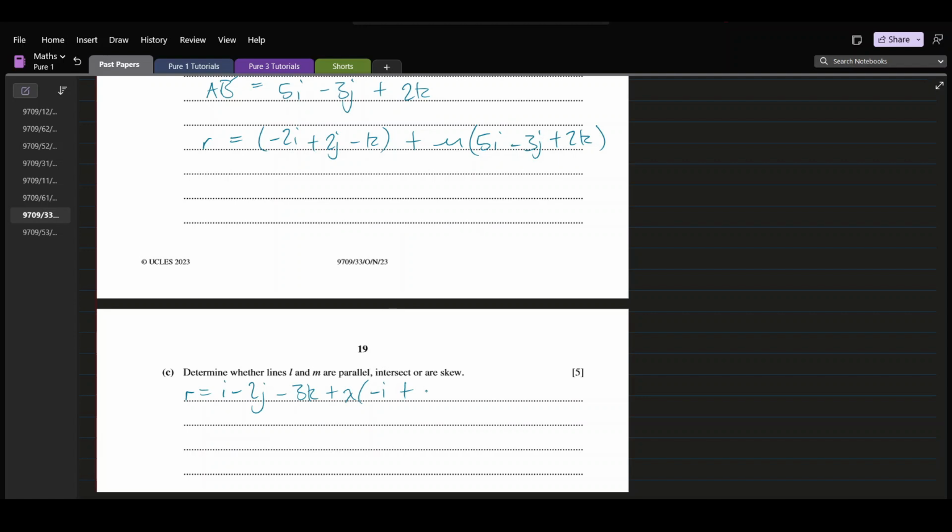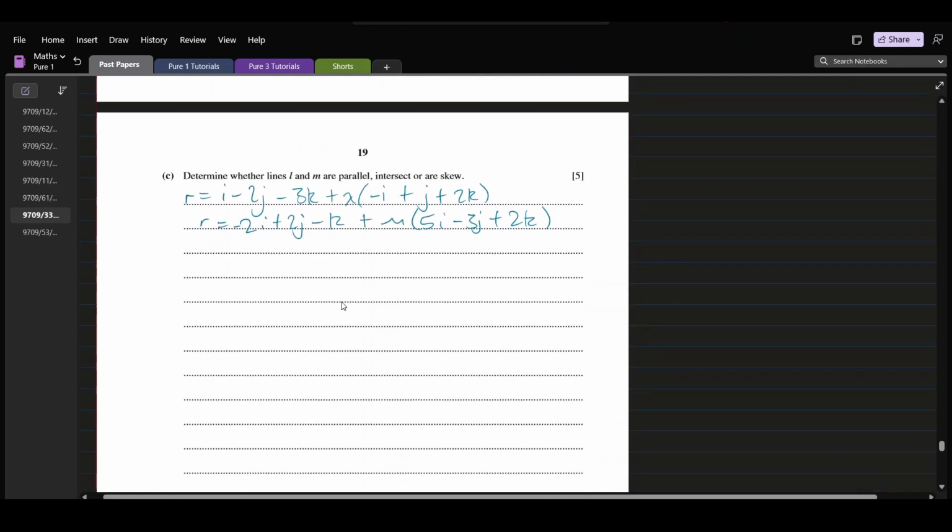And M is r is equal to negative 2i plus 2j minus k plus mu times 5i minus 3j plus 2k.